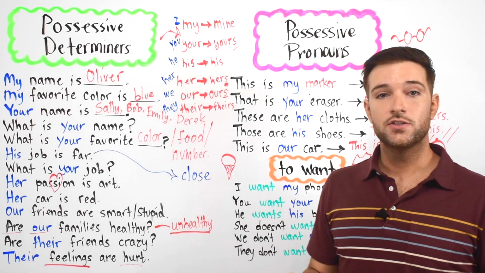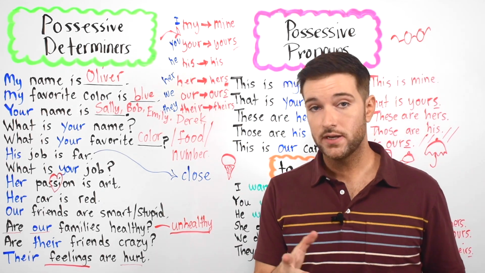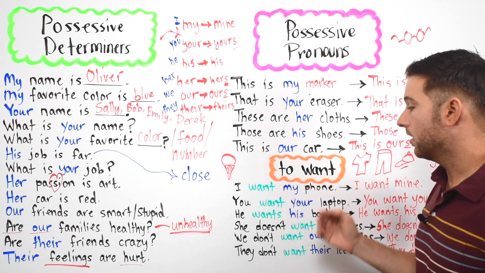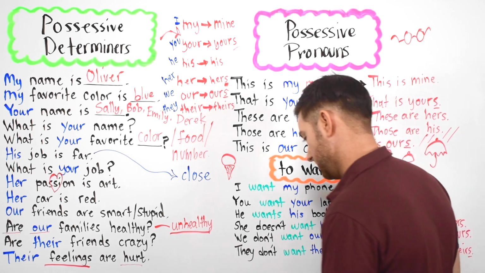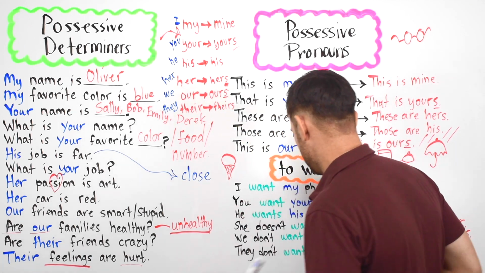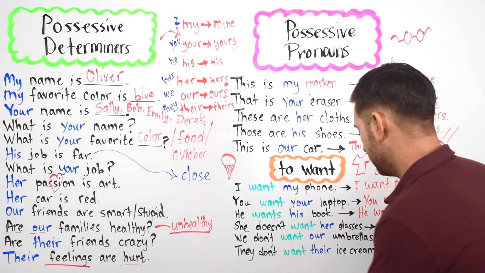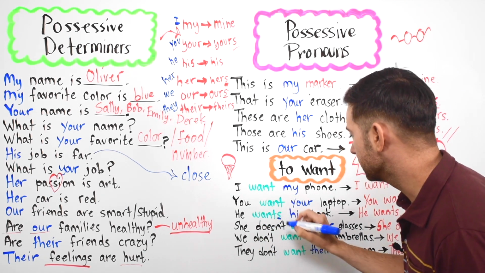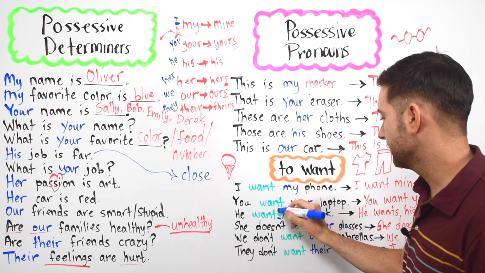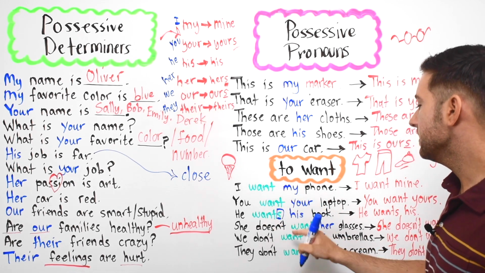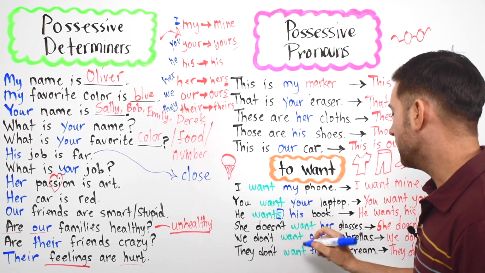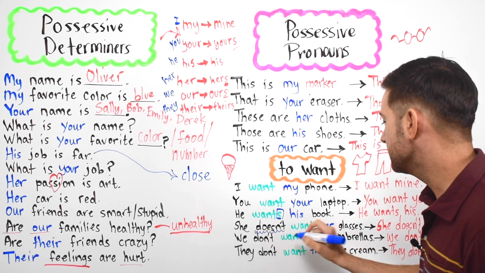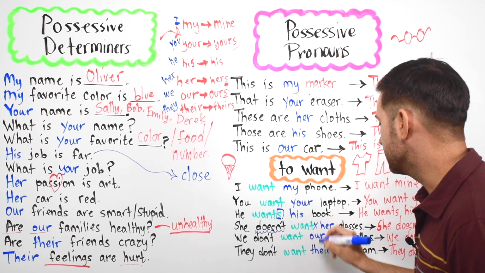All right. So as you can see, I just want to point out that there is a change in the verb to want, and you can see it's right here. The change is found in the third person singular. He, she, it wants. Okay? With an S. Okay, he, she, it wants. She doesn't want, since we have a negative right here, it says she doesn't want, there is no S here.